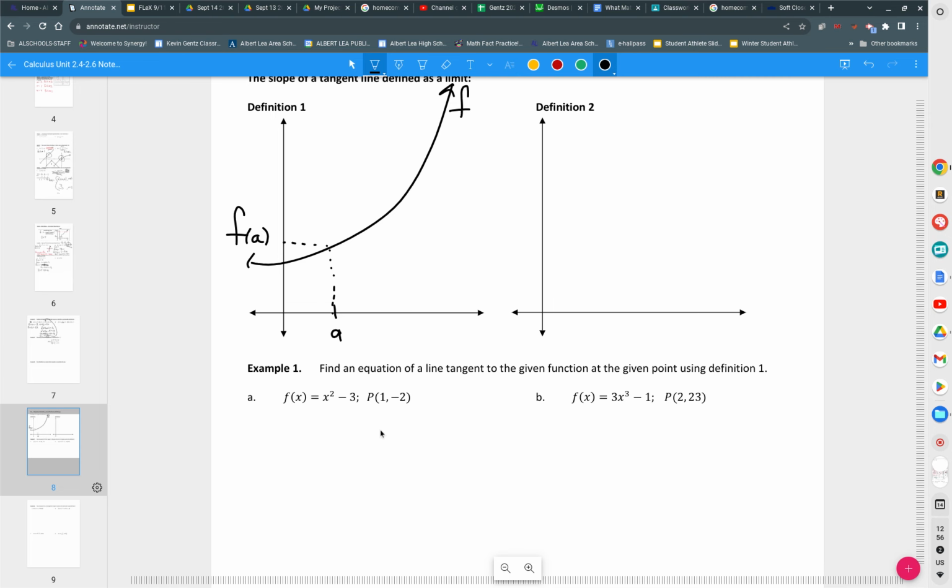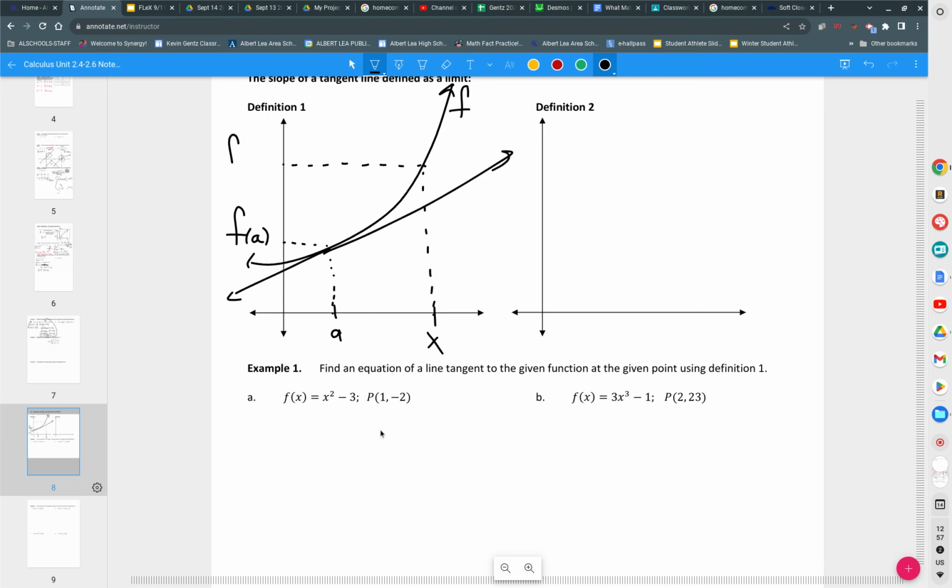Good. Okay. And then we know that we struggle to find the slope of a tangent line. So instead of one point, we're going to create a second point, right? And that second point, I'm going to move out here. I'm going to call it X. So what should we call the Y value?